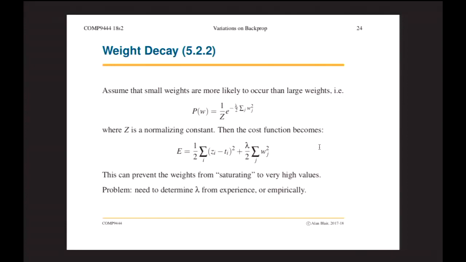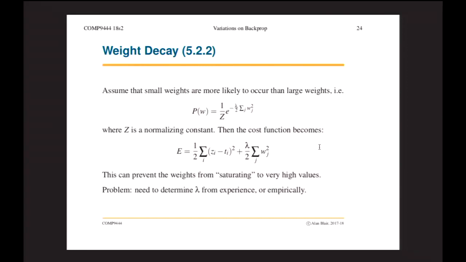Let me think. One of the problems with this is it gives us an extra parameter to play with. We have to make a choice what lambda is, and normally we choose a lambda which is quite small.